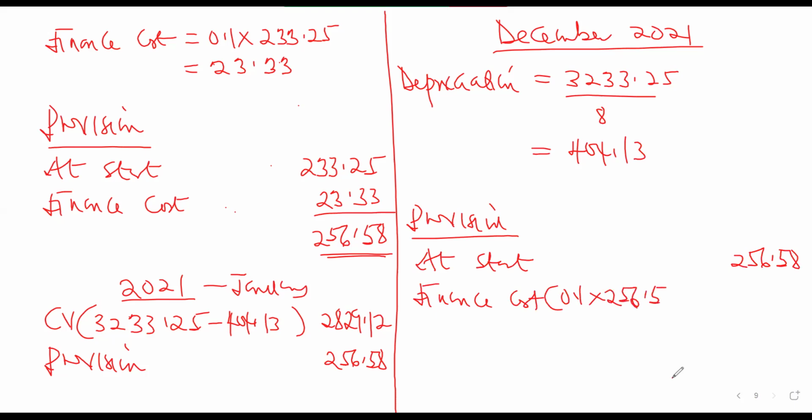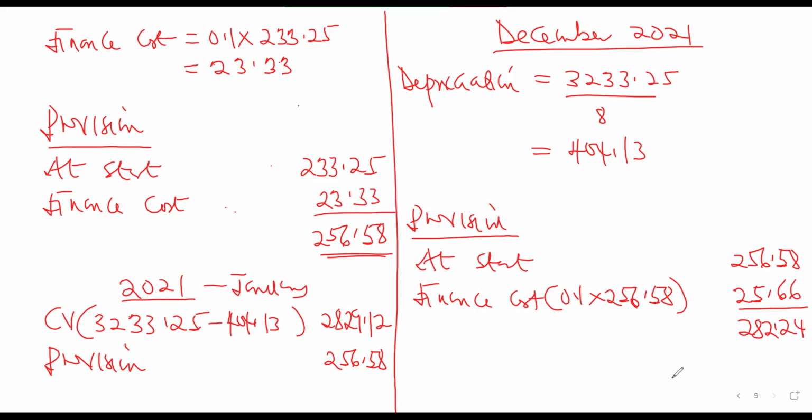So 25.66. How much are we having? 25.66, and this will give us 282.24.